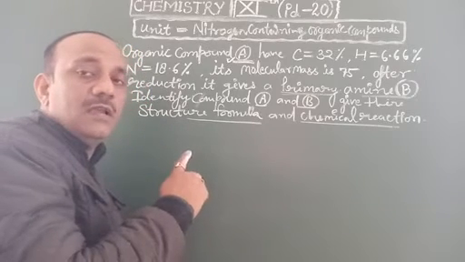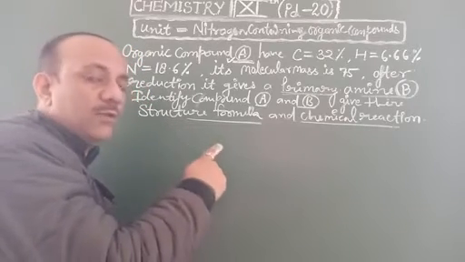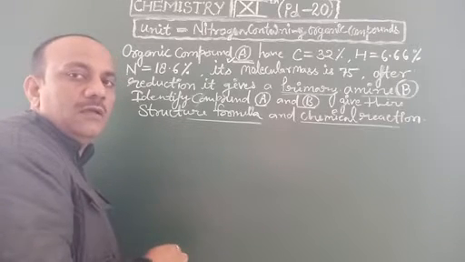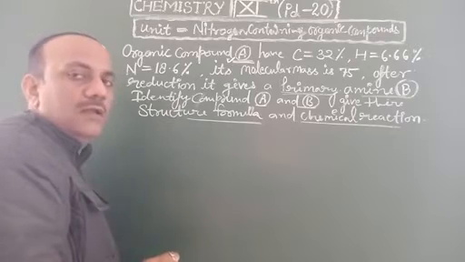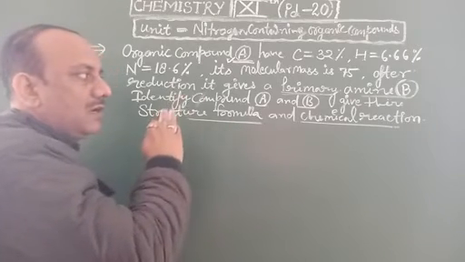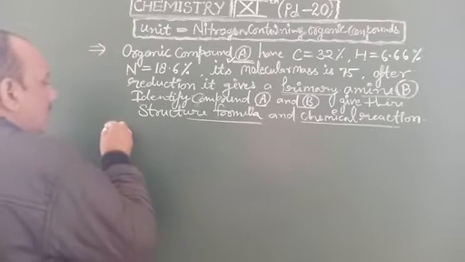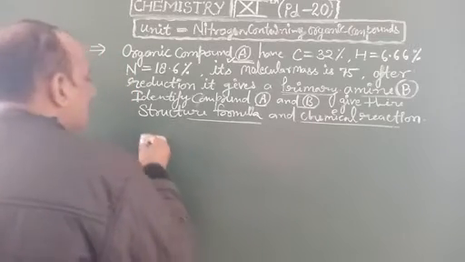So first we find the empirical formula with the help of a table. Then we go on to the second section, the reduction of compound A.